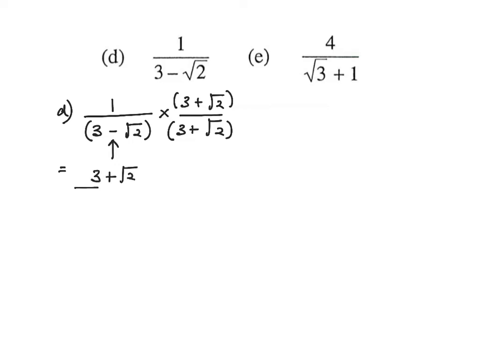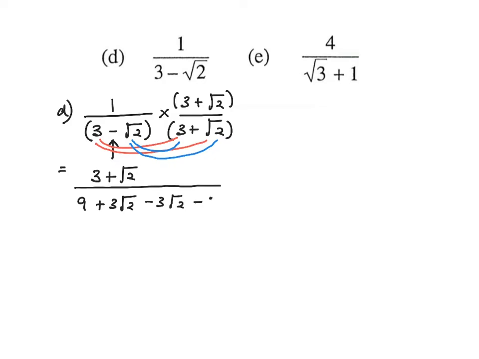On the bottom, I will need to expand the brackets, so it's 3 times 3, which is 9, plus 3 times root 2, here's a minus 3 root 2, and here is a, now that's negative, and we've got root 2 times root 2, which is root 4, which is 2 rather.